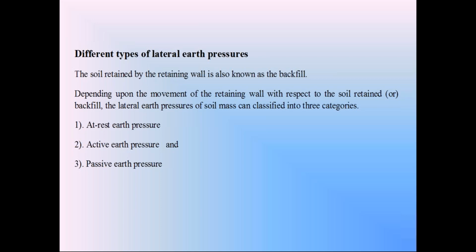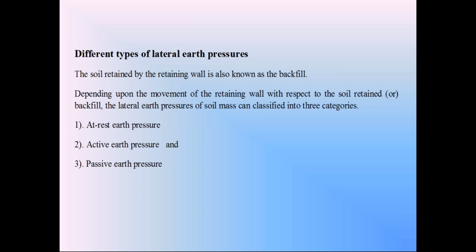That is the first sentence. So please everyone read that first sentence and understand it carefully. The retaining wall supports the soil, and the soil retained by the retaining wall is called backfill soil.